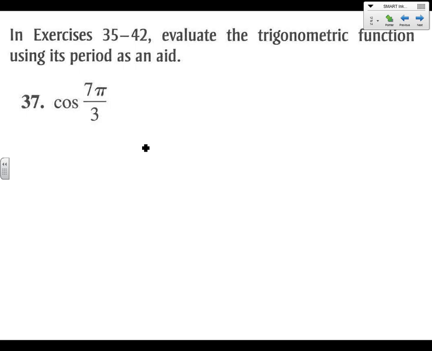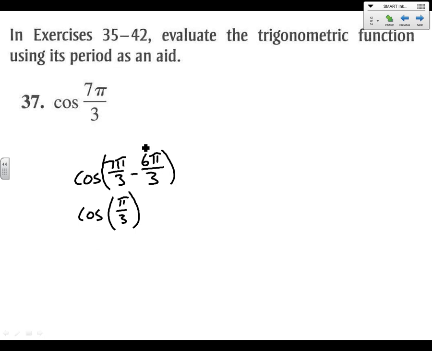All right, 7 pi over 3 is bigger than 2 pi. So what we're going to do is subtract out 2 pi. I'm going to go straight to a common denominator here and say 6 pi over 3. So what we have here is the cosine of pi over 3. All right, and pi over 3, we go to our unit circle.